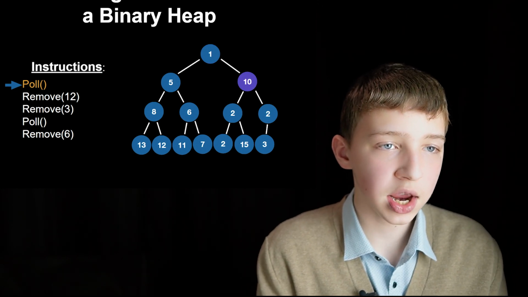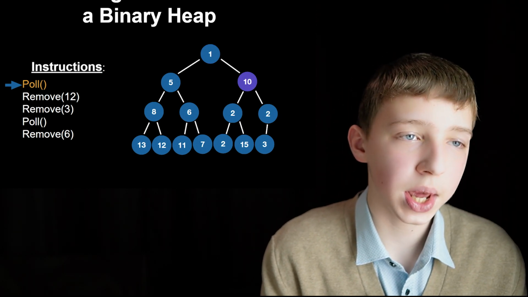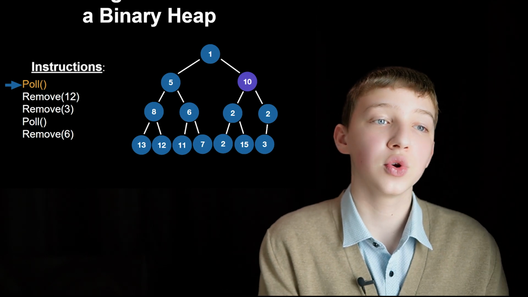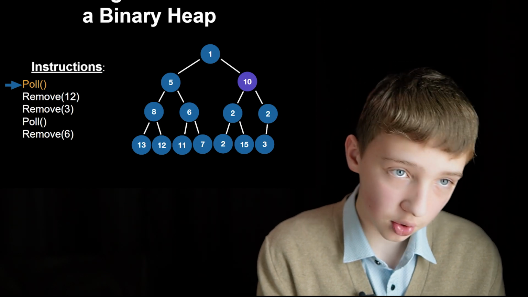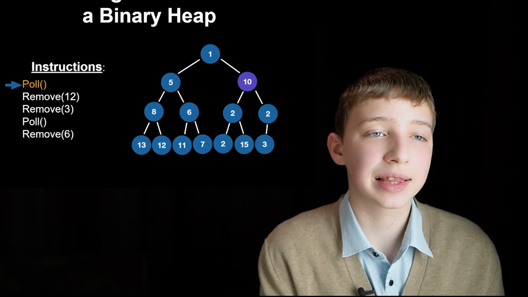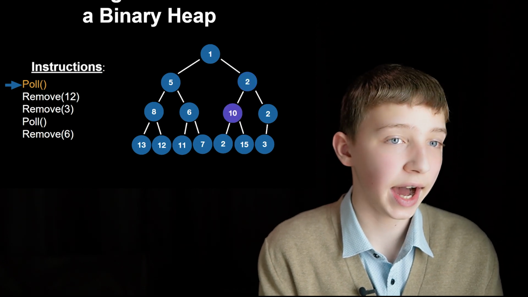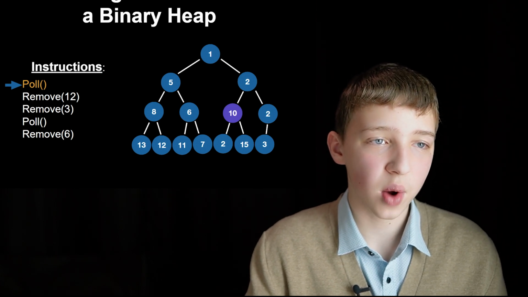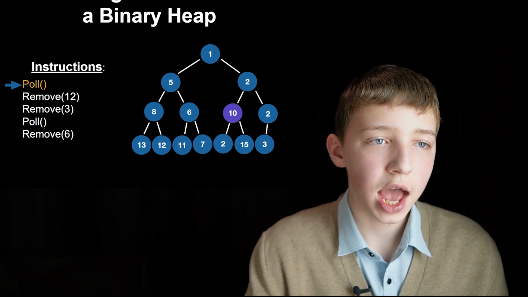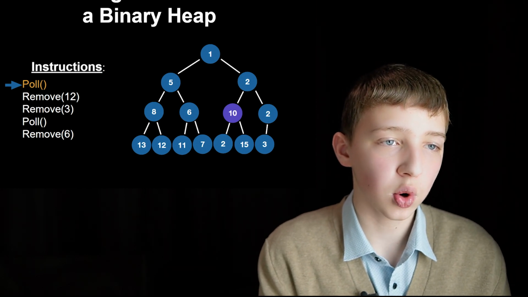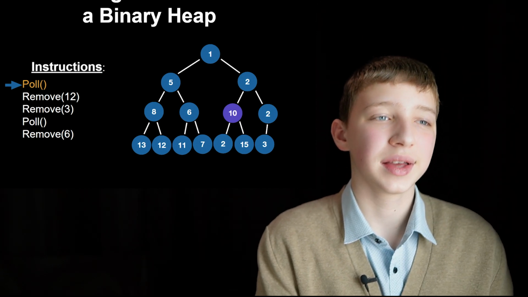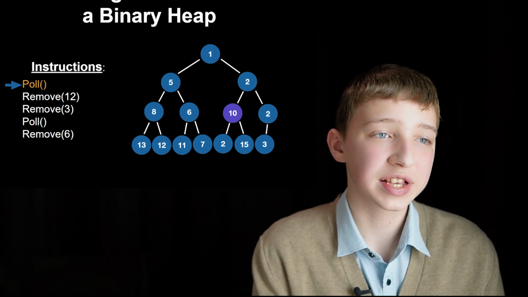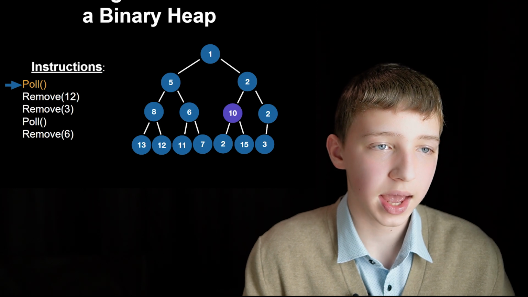And also here, if both nodes are less than 10, if both nodes are less than the node we want to bubble down, we want to select the left node in case of a tie like this. So here we have two nodes, and that is why we swap it with the left one, again the one with the smaller value, and that is 2.